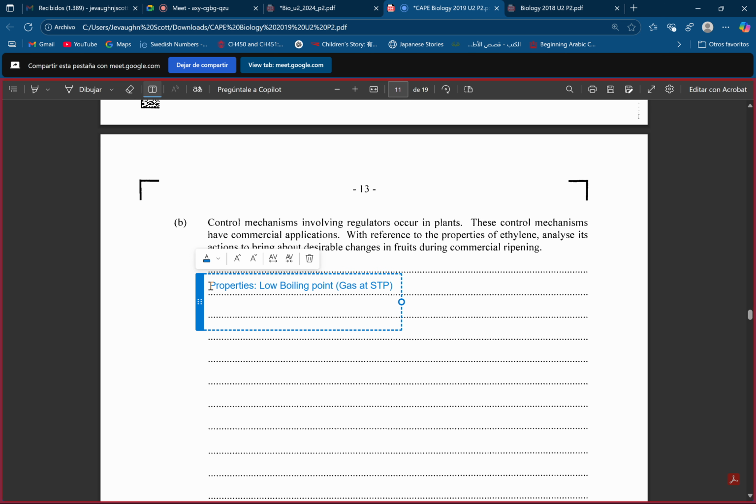Gas at STP, lovely. One moment. Okay, so what you're saying is correct, right?